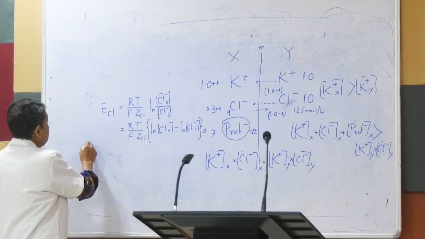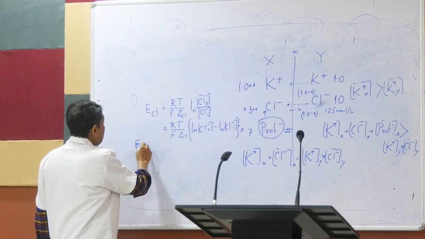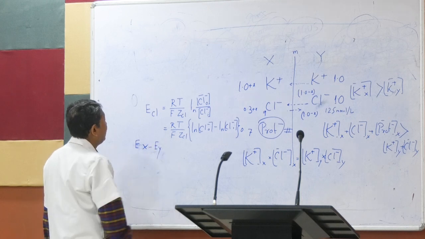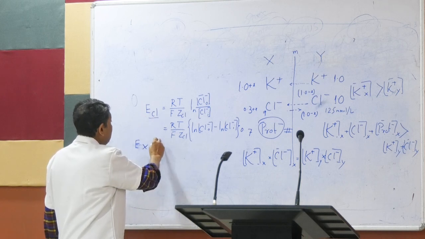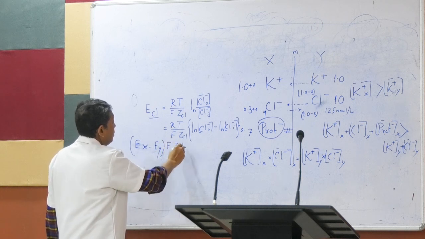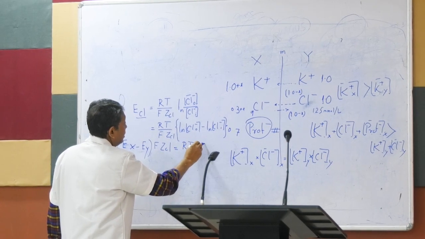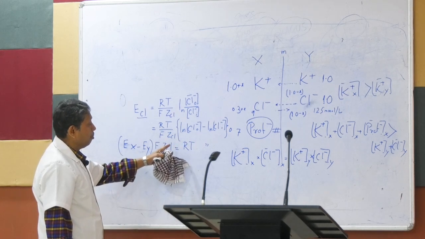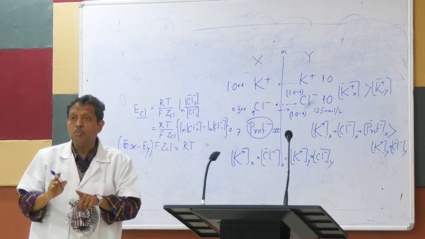Suppose you consider Ex minus Ey, or delta y potential difference, multiplied by F ZCl, is equal to RT and this value. And if you take the sum of this, then it will be zero whenever there is no net tendency to move.